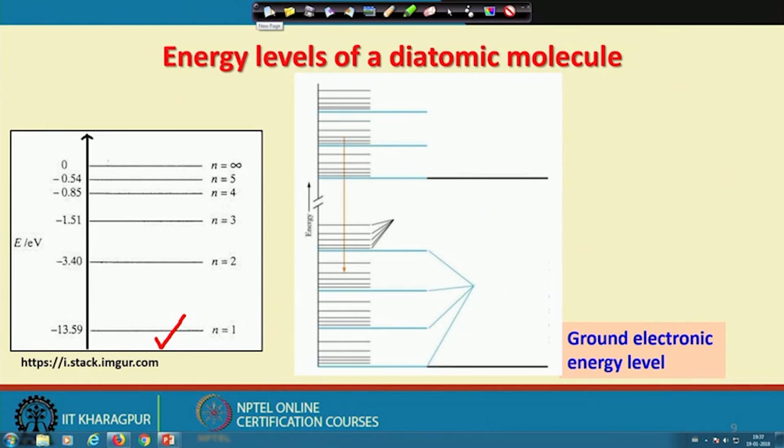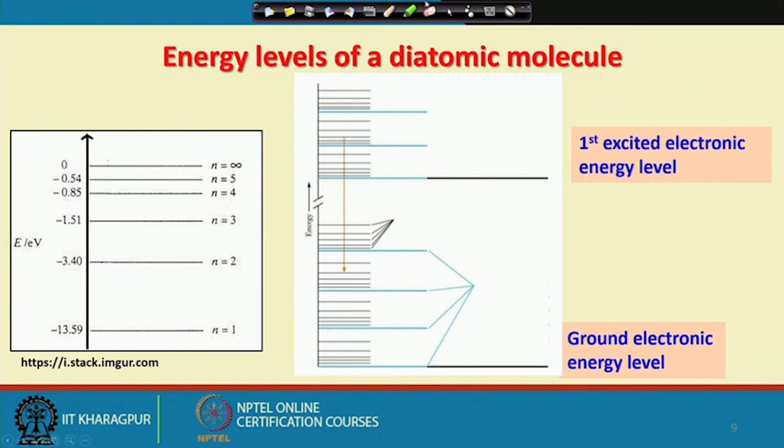Now, here I also have the first excited electronic level, and this is this energy level. What was the corresponding first excited electronic energy level in the single atom case? This was the first excited electronic energy level in the monatomic case.